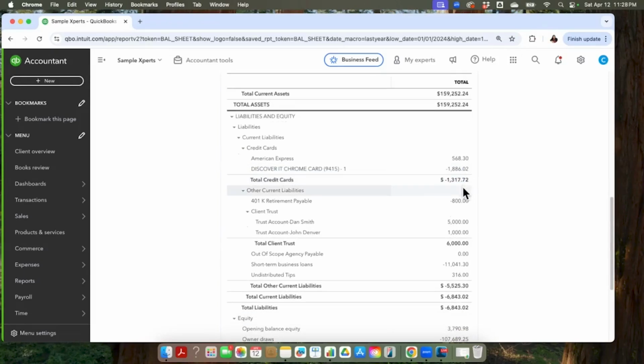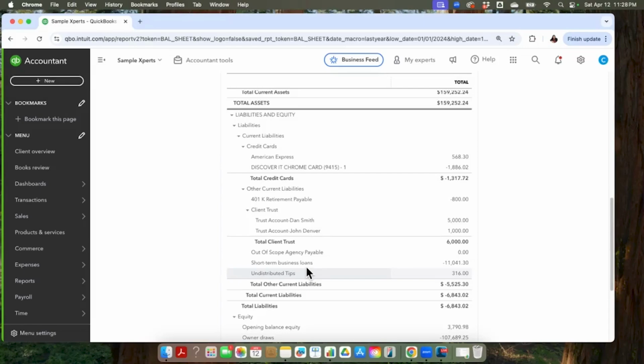Record your cash tips. How do you do that? You can do a journal entry, or you can do a transfer to record that you're taking money out of undistributed tips, so you're going to credit cash and debit undistributed tips to reverse that.